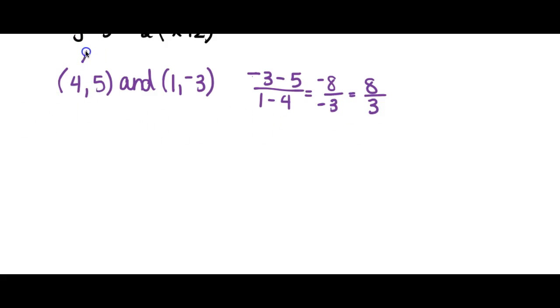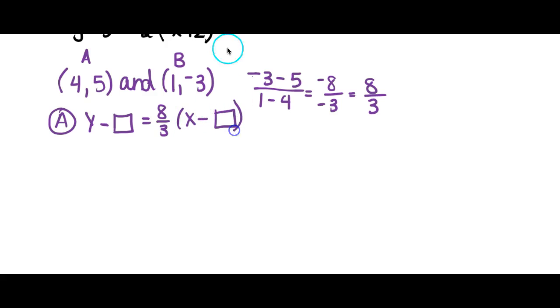Now, I'm going to call this A and this B, because when we have this and here, that means we have 2 different equations. So in equation A, I say y minus box equals, I'm going to put my slope here, 8 over 3 times x minus box. And then the cool part, we go, okay, well, looking at A, so looking at this coordinate point, what's our y value?